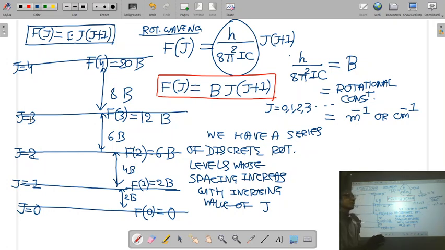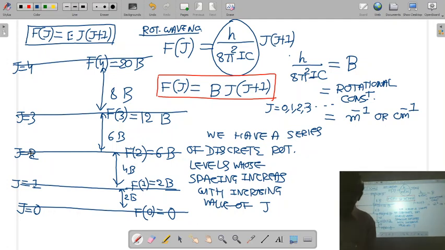So this is our conclusion, that we have discrete rotational energy levels, but these discrete rotational energy levels are not equidistant. As the value of the rotational quantum number J increases, the spacing between successive rotational energy levels also increases.